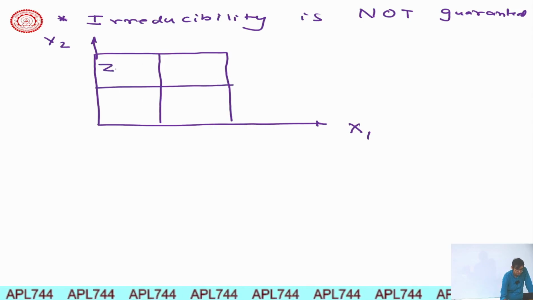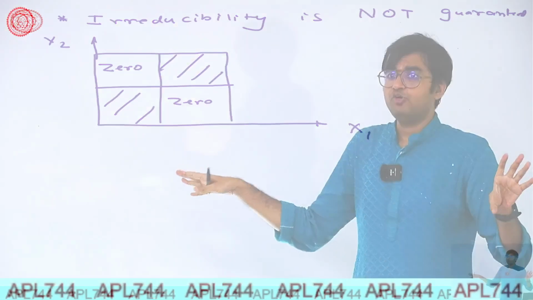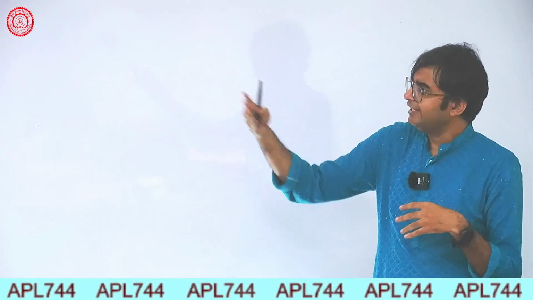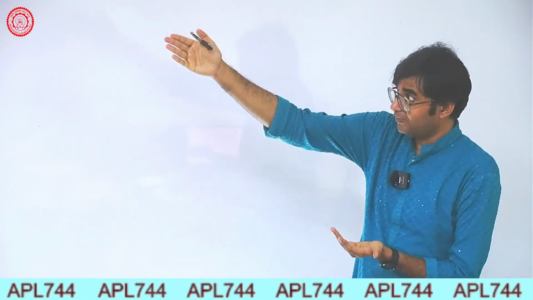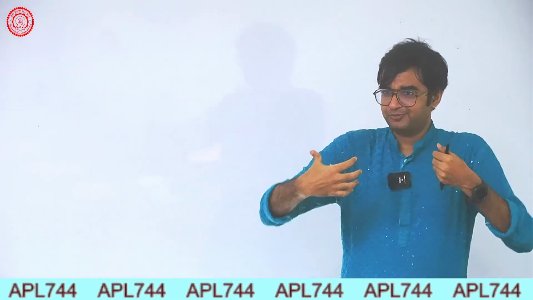This is zero probability, this is zero probability. That means the probability mass is only in this area and in this area. The other areas have no probability mass. So if you think about it in 3D, these two hashed areas will go up, the others will be zero. So think about two squares which are diagonally placed. The other two diagonals are zero probability.